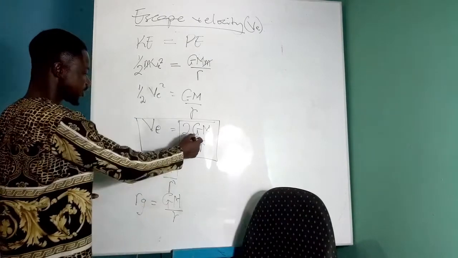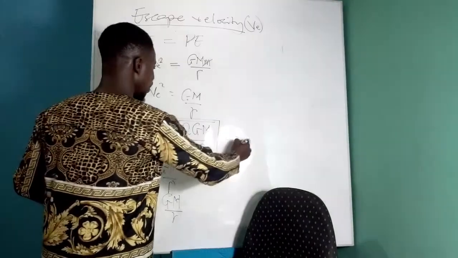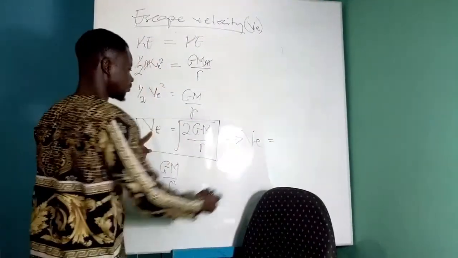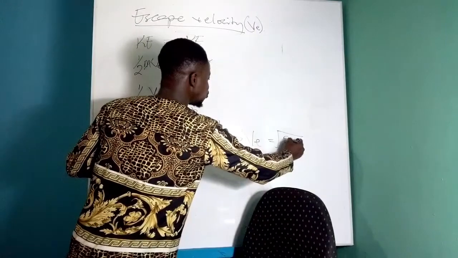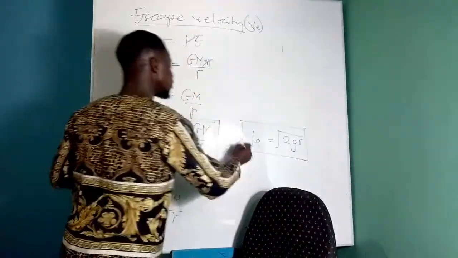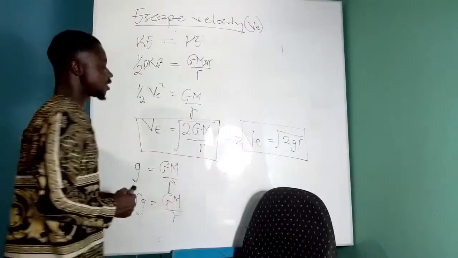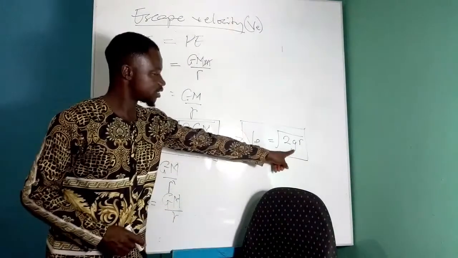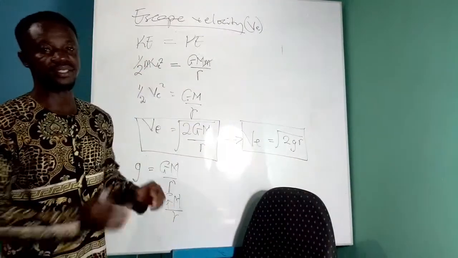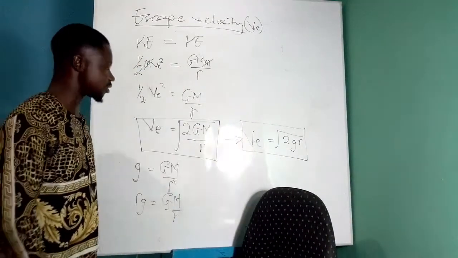If I place Rg in this formula, then VE becomes the square root of 2gR, where g is the acceleration due to gravity and R is the distance.